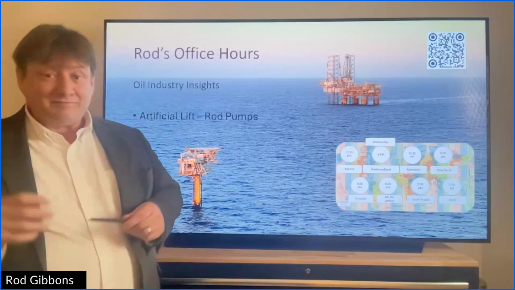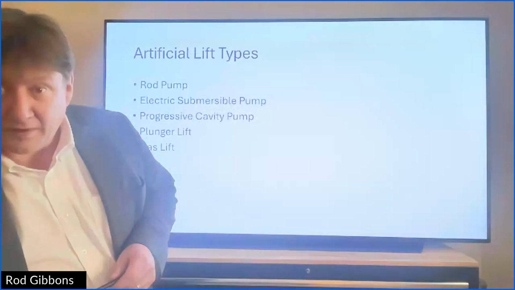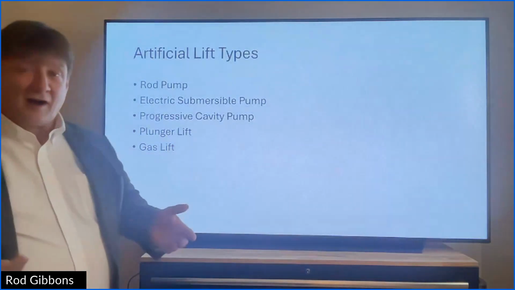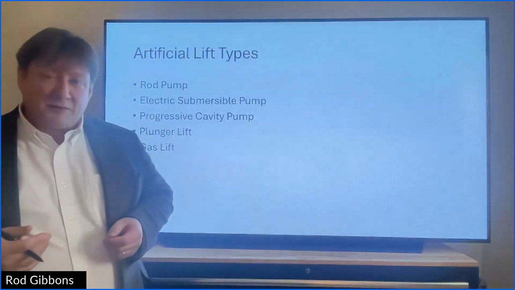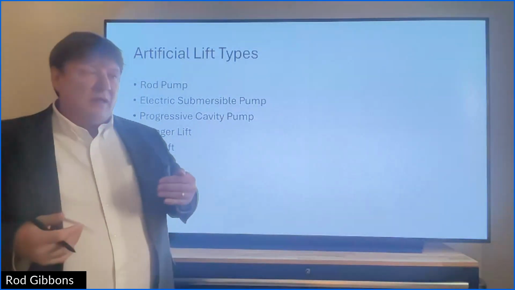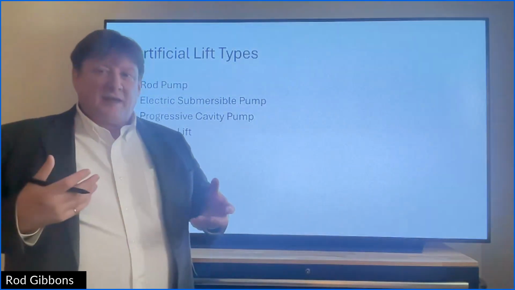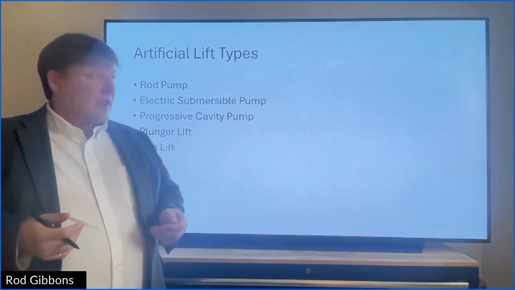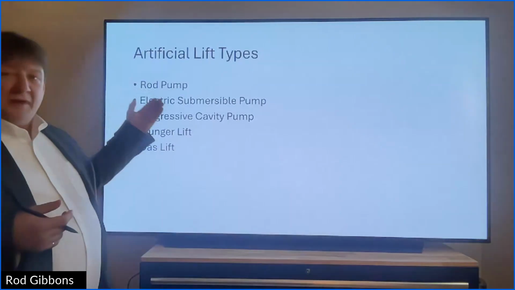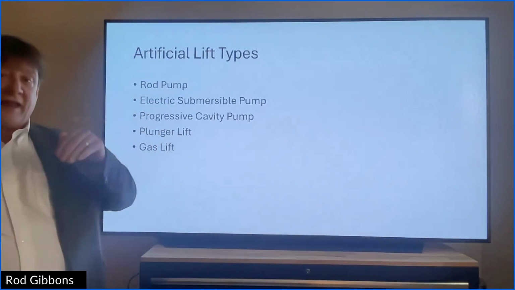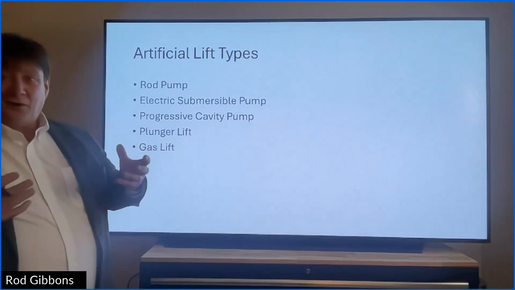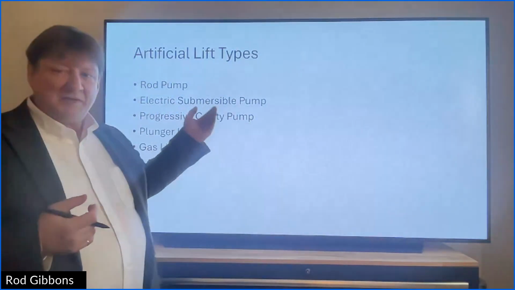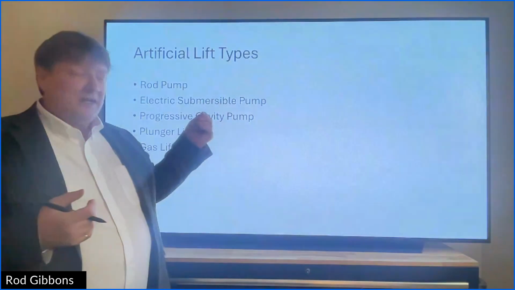So first of all, what do we mean by artificial lift? What are the different types of artificial lift? Artificial lift is basically, you can think of it as pumping oil to surface. There's a rod pump, which is like a pump jack, the classic oil and gas example. Electric submersible pumps, sometimes called ESPs.